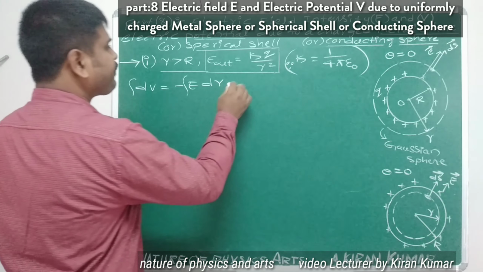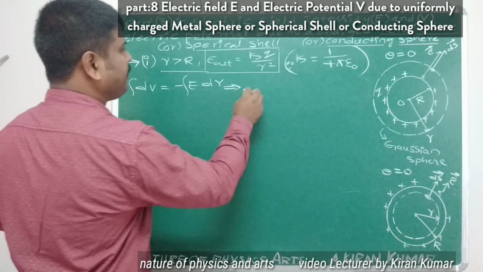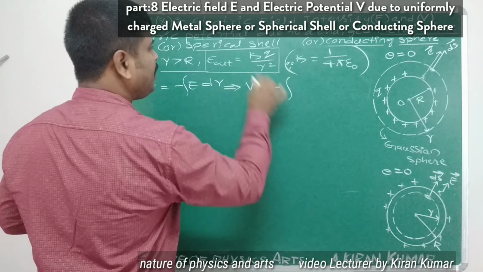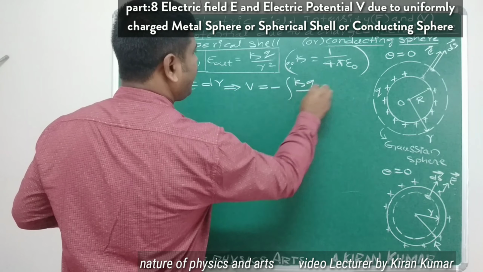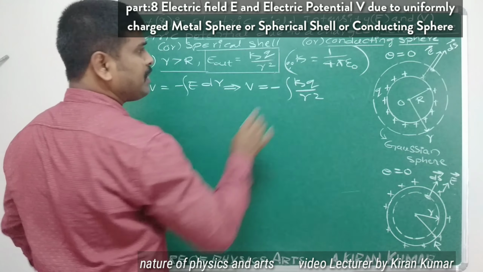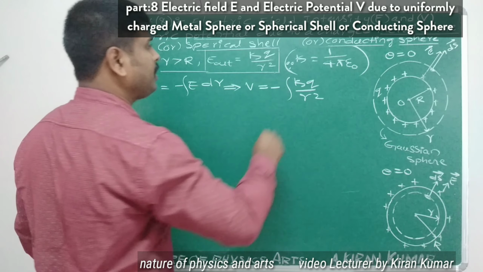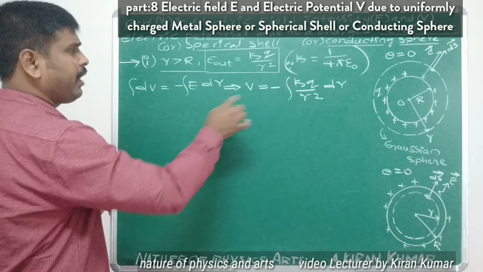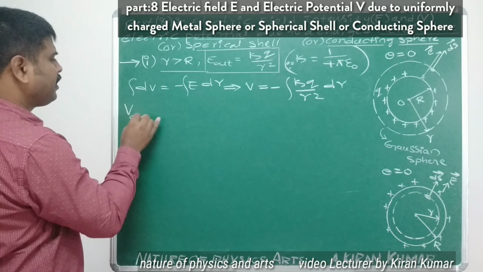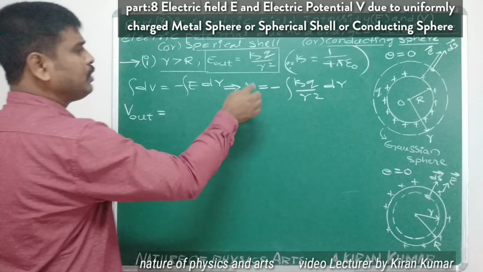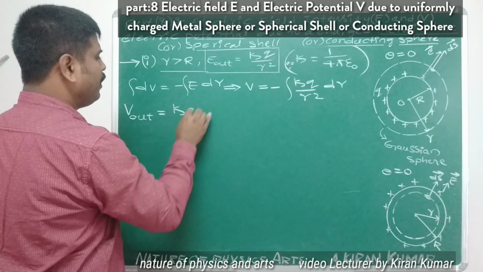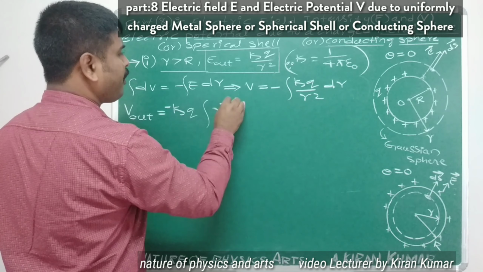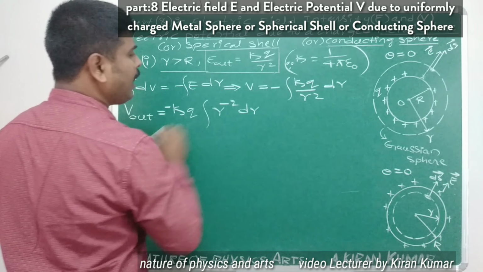The integral of dV is V, which is equal to minus the integral of E, whose value is kq divided by r square, where k is 1 by 4 pi epsilon naught, into dr. Rearranging, V_out is equal to minus kq, as kq is common, times the integral of r to the power of minus 2 dr.